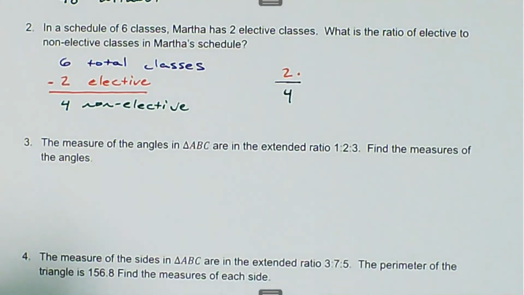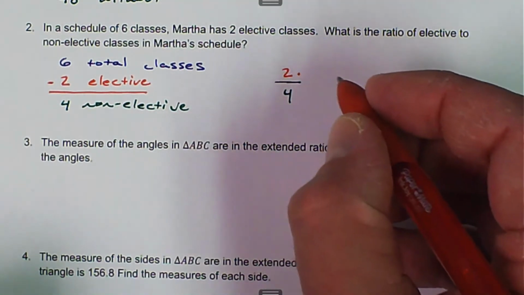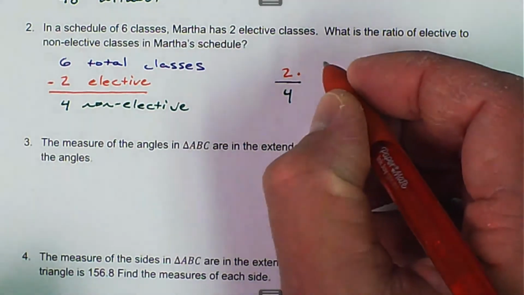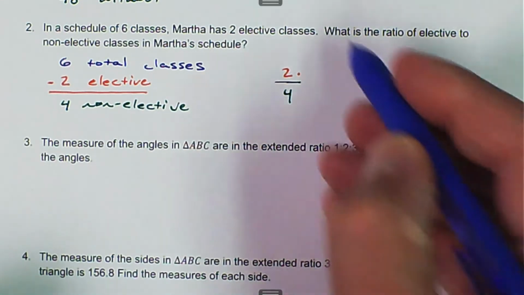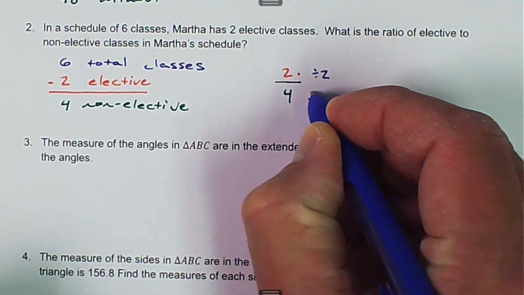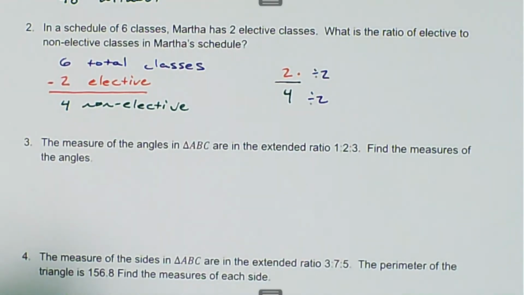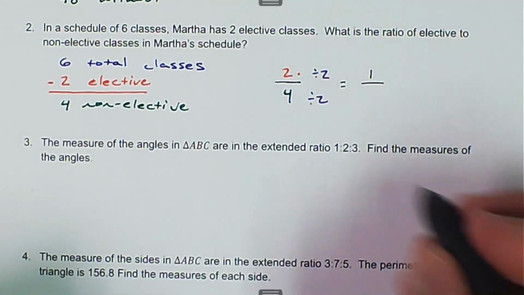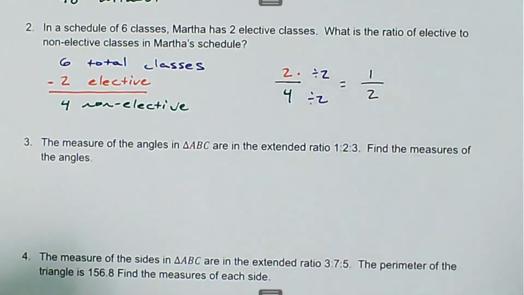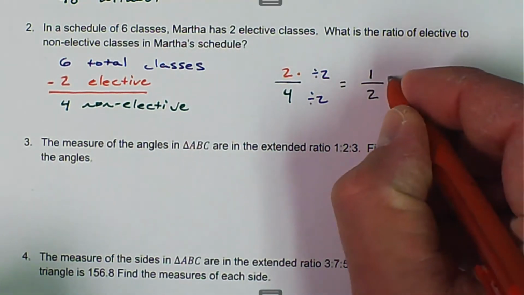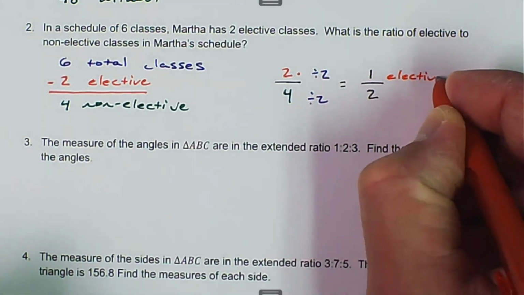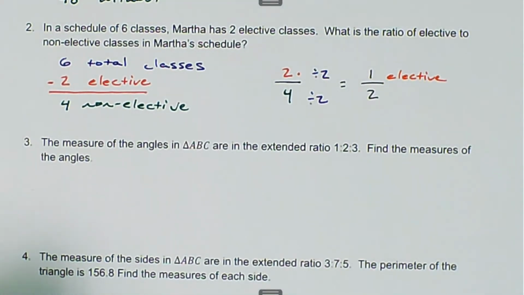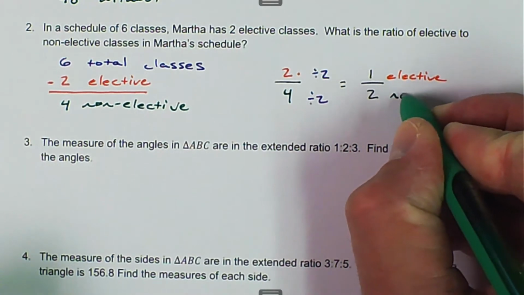Now this is not in simplest form, so we can divide both of these by 2. 2 divided by 2 is 1, and 4 divided by 2 is 2. So we're going to have 1 elective class compared with 2 non-elective classes.